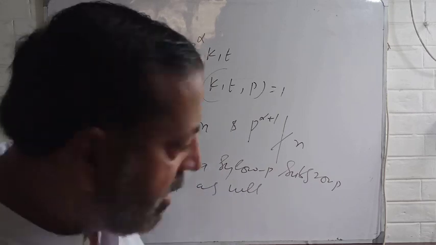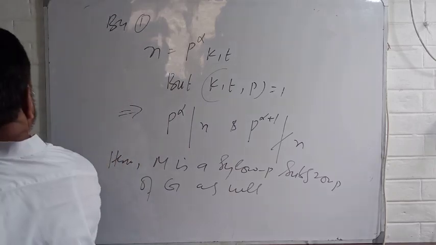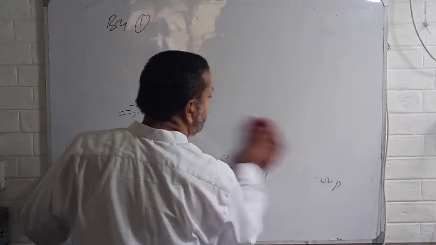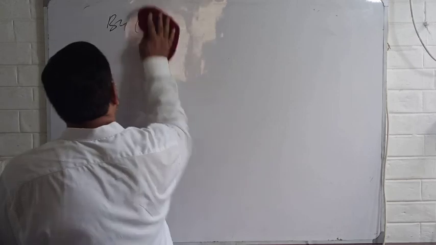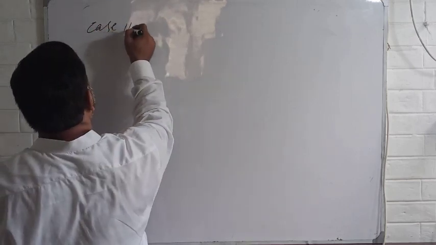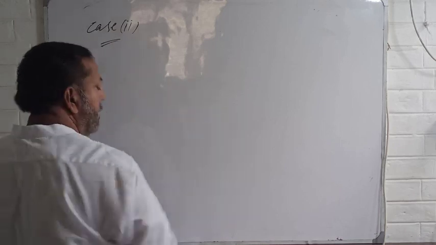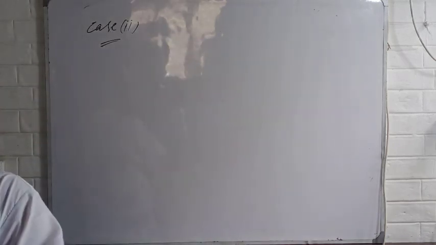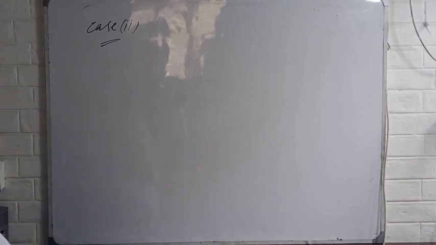Now come to the second case, which is quite easy. Case 2 is: every subgroup of G has index divisible by p.